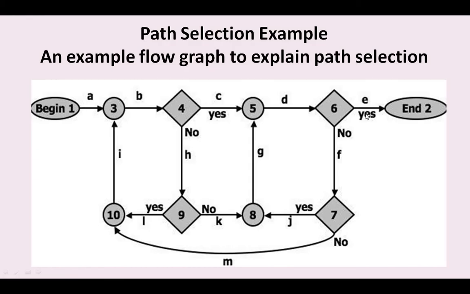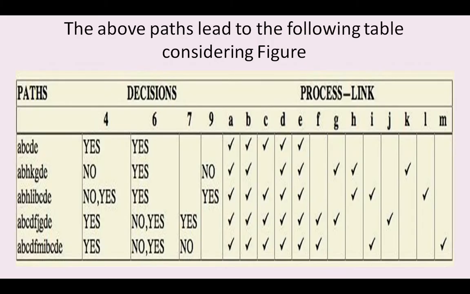Okay, so 4 is no, 9 is no, and 6 is yes. That's what it is showing here. How many links are covered here? A, B, H, K, G, D, E. So that's why all are ticked here.